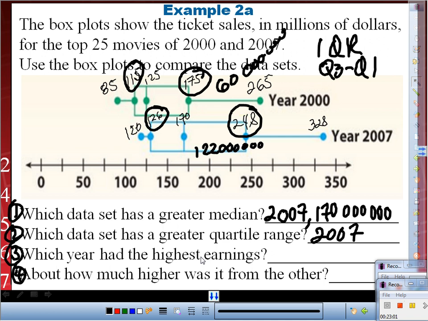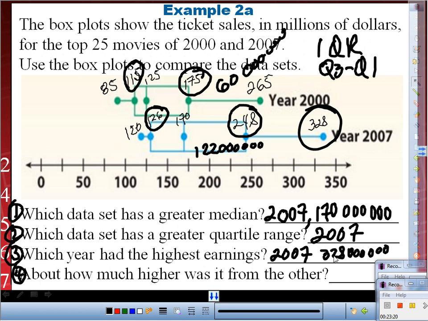Next, which year had the highest earnings? Tell your neighbor, please. 2007. And how much is that, Andrew? 328 million. That is correct. Well, the maximum.